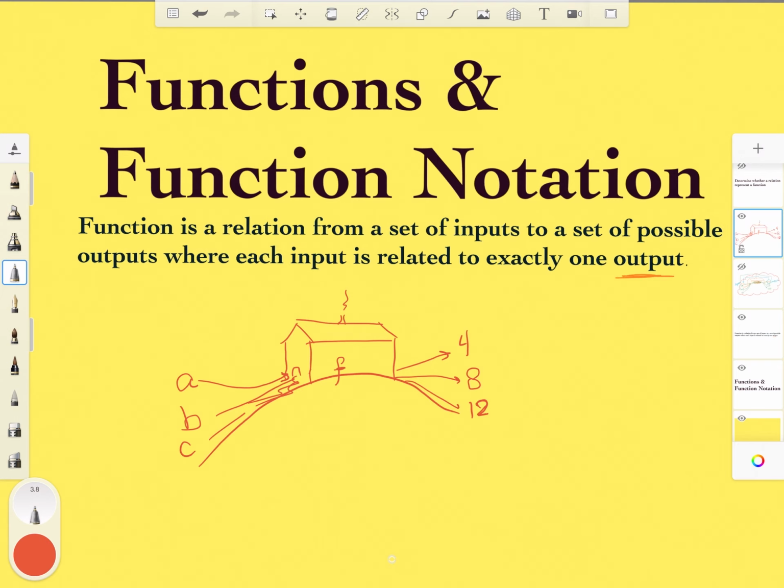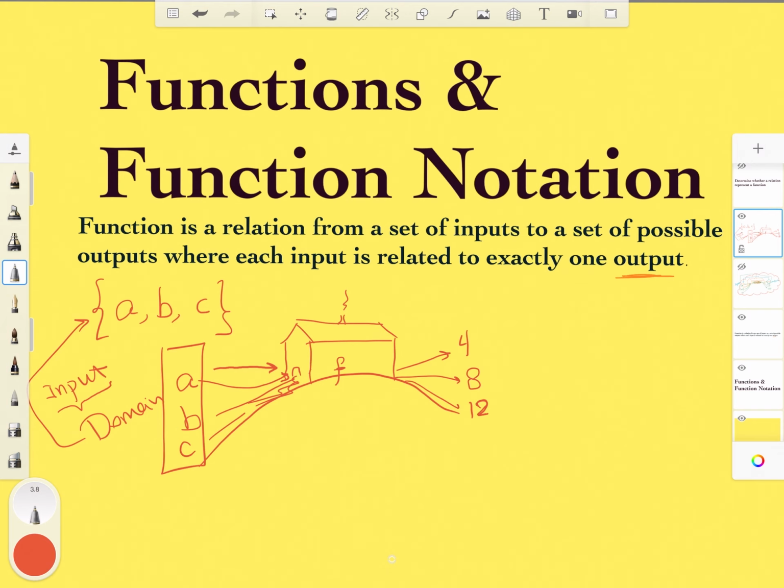This will be the input, and usually we also call the input the domain. So instead of asking what is the input of this function, I can ask what is the domain of this function. So you will list the inputs.